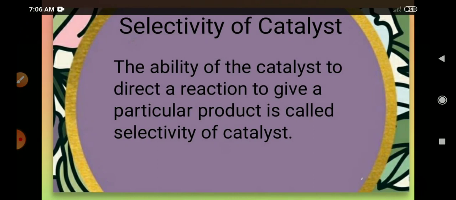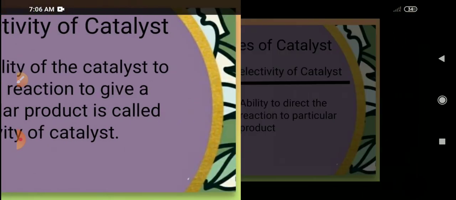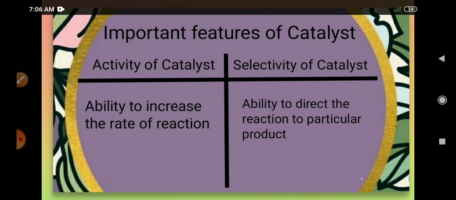So these are the two important features we have discussed: activity of a catalyst and selectivity of a catalyst. Activity is the ability to increase the rate of the reaction, and selectivity is the ability of a catalyst to direct the reaction to a particular product.